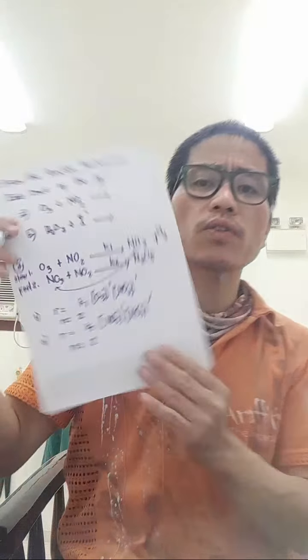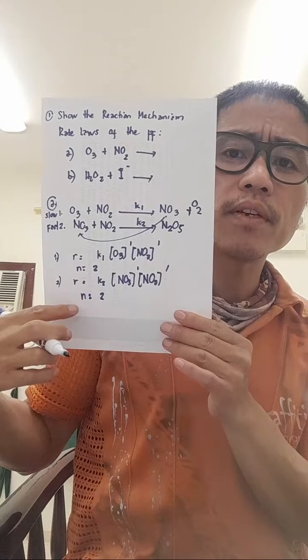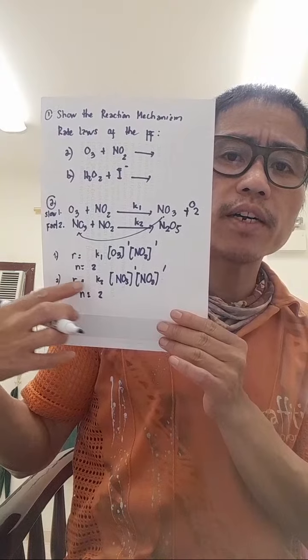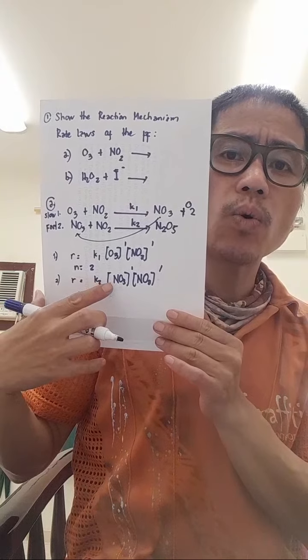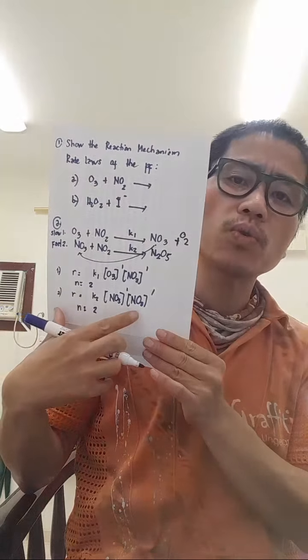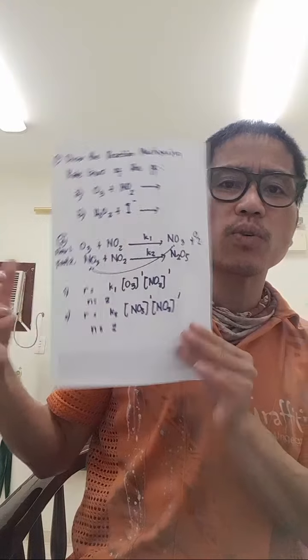Second order also, our second reaction step. Very easy, right? This was 2. Okay, now our overall rate law.